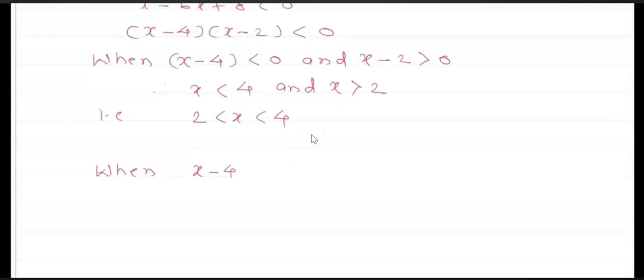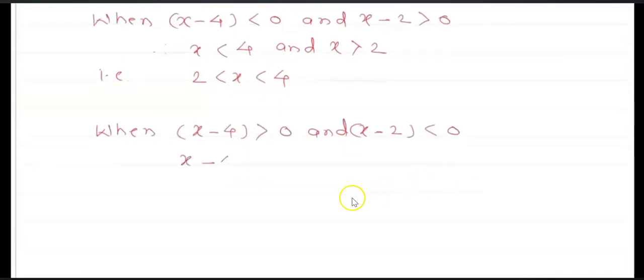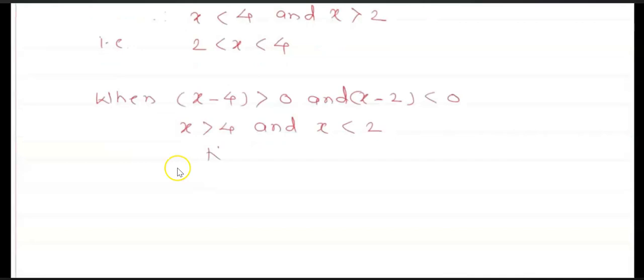If we consider the second case, that is x minus 4 is positive and x minus 2 is negative, then add 4 on both sides, you will get x is greater than 4 and x is less than 2. This is not possible.